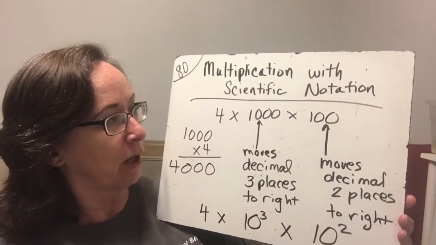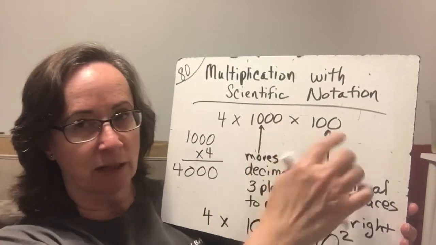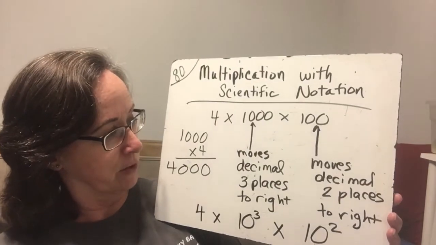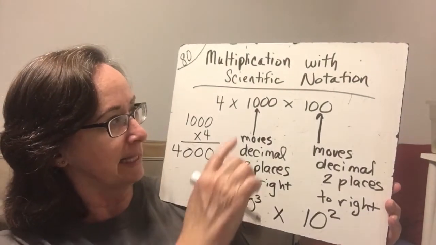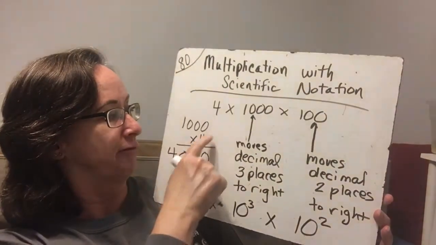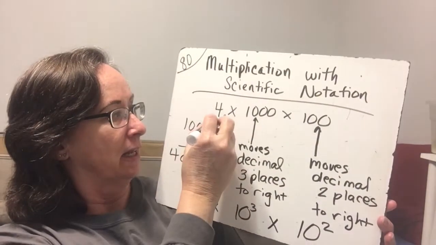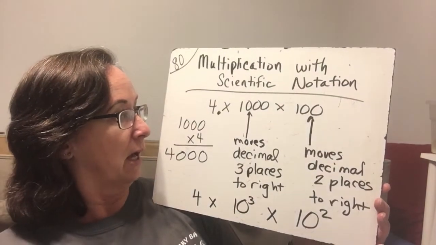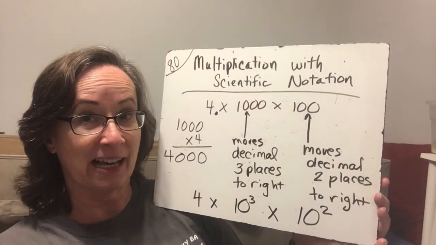But your book calls multiplying by 1,000 or 100 place value or decimal movers. So basically what we did is we took 4, which had a decimal right after the whole number 4. That's where our decimal is always understood to be.